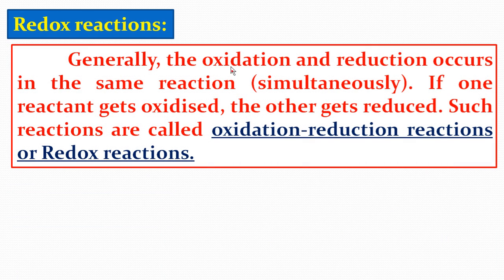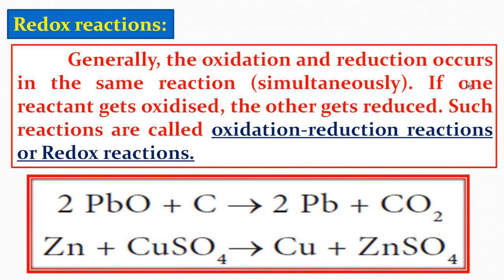Generally, oxidation and reduction occur in the same reaction simultaneously. If one reactant gets oxidized and the other reactant gets reduced, these reactions are called oxidation reduction reactions, also called redox reactions.